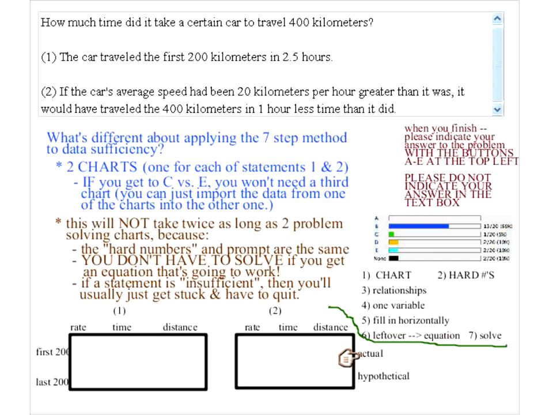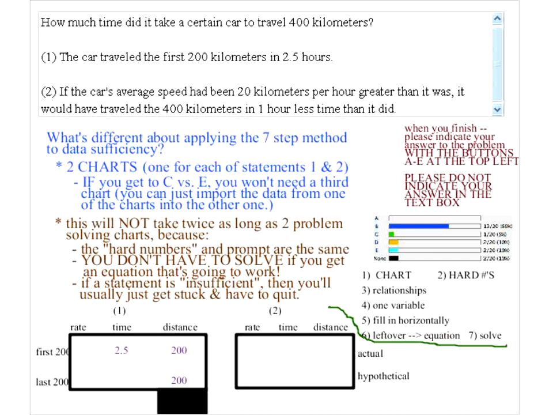Okay. So you can go ahead and type questions in the text box. I'll try to hit them in stride here. For the first question, we've got the distance. The total is 400, but you don't need that. These are hard numbers. 200, 200, those are hard numbers. So we don't need a relationship there. But we have the first 200 is in 2.5 hours, and 200 divided by 2.5 is 80.